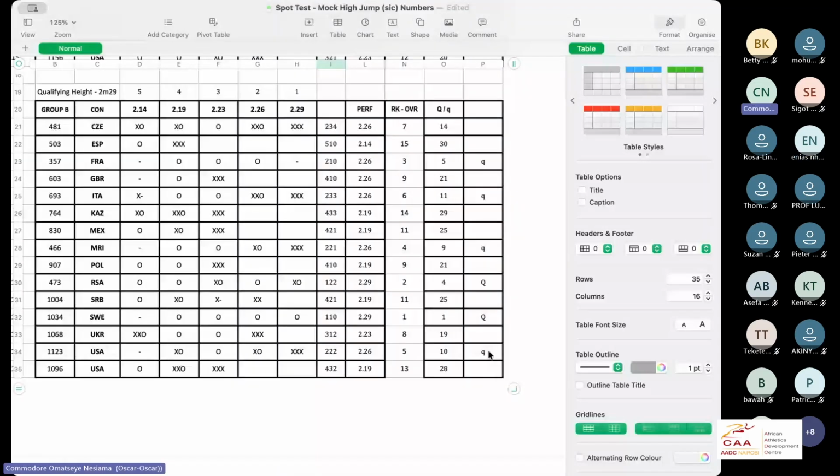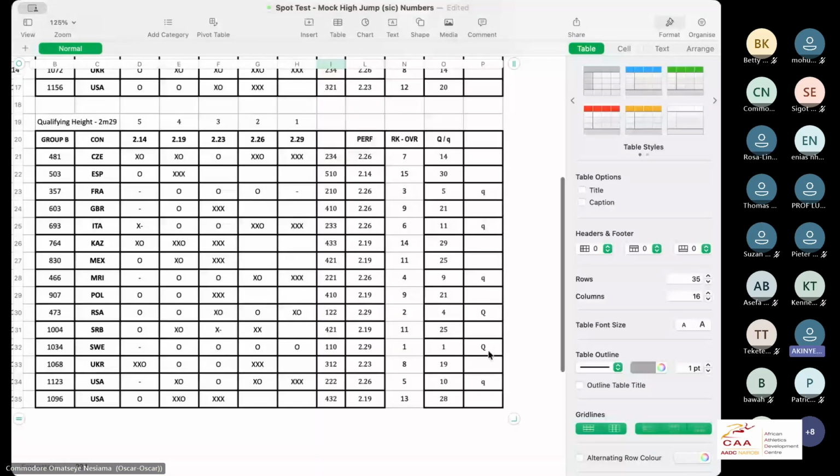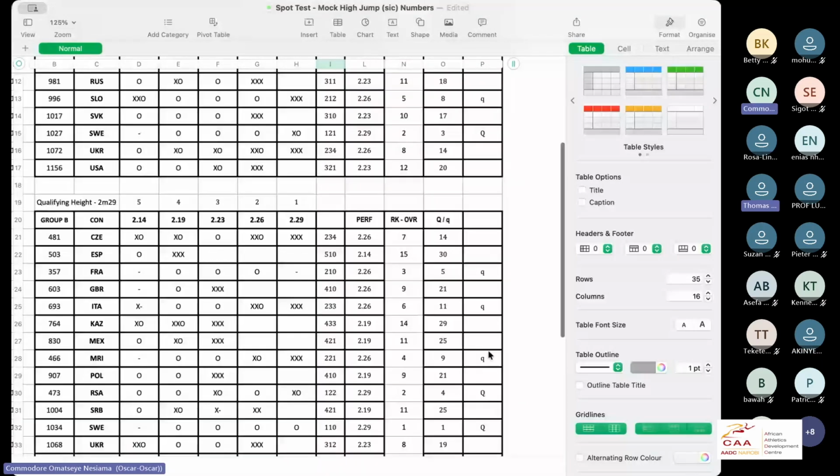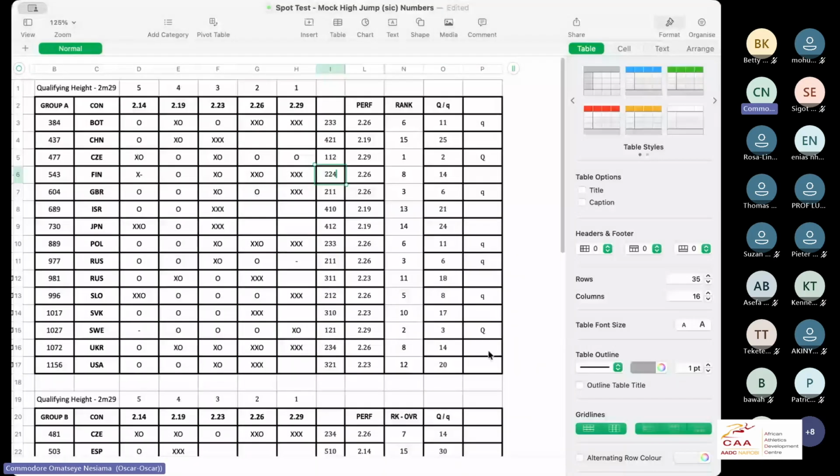Is that what we have? Yes, I got 13. That's what we have. So whatever the approach, whether you're using failures or number of attempts, you will still come up with the same results. So I will stop sharing this.